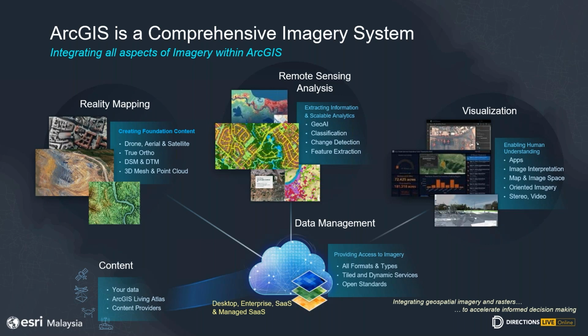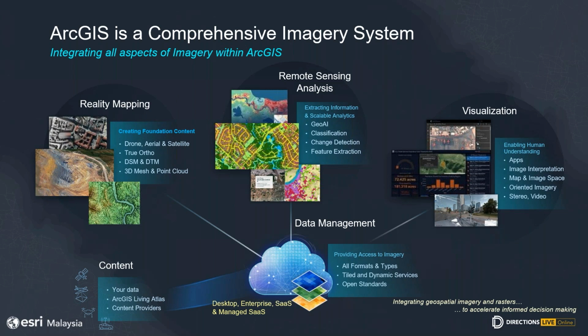This ensures efficient and effective management. We can analyze and visualize our imagery with advanced tools to gain deeper insight and make informed decisions. Integrating all of this within our ArcGIS platform can maximize the value of your imagery throughout the project.